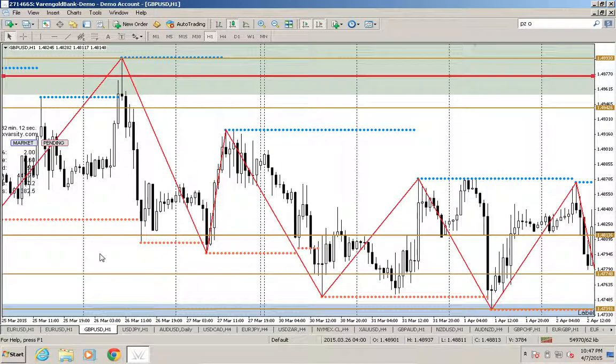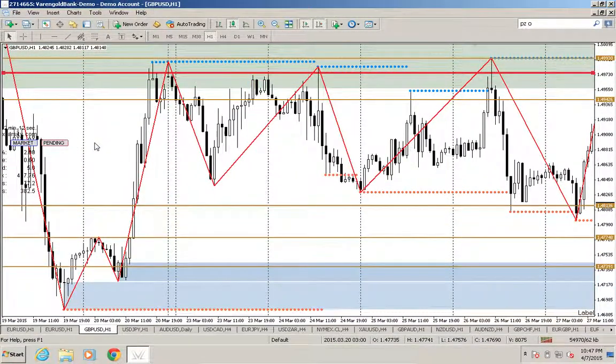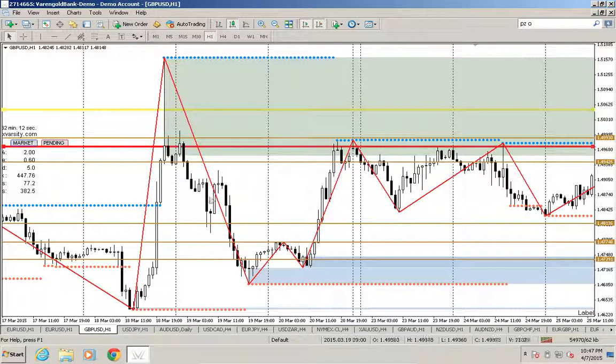Let's see, here we would be looking at selling, and our high was formed by a shooting star. So that is a candle you would have regarded to trade with. Here we have higher lows and hammer, hammer, hammer, hammer, hammer. You could have actually taken your trade on that hammer already.